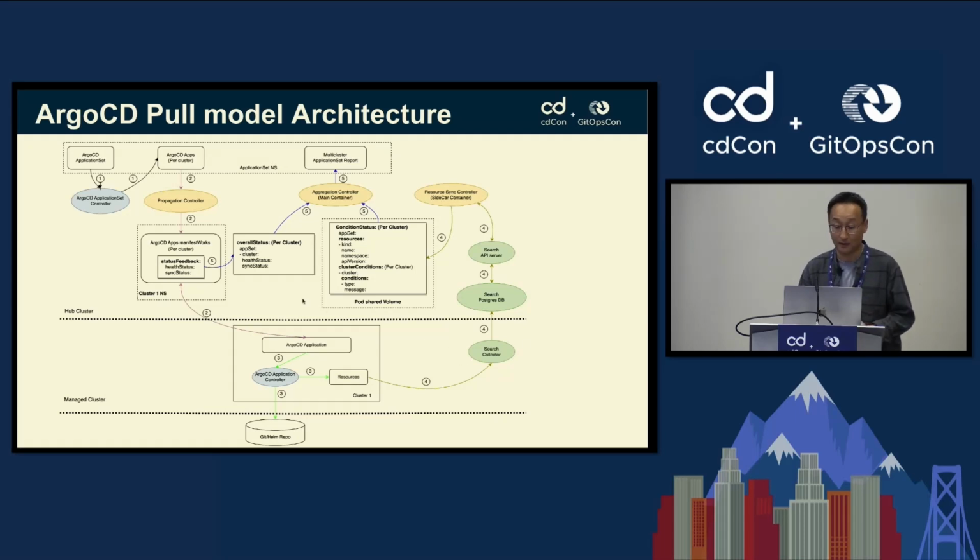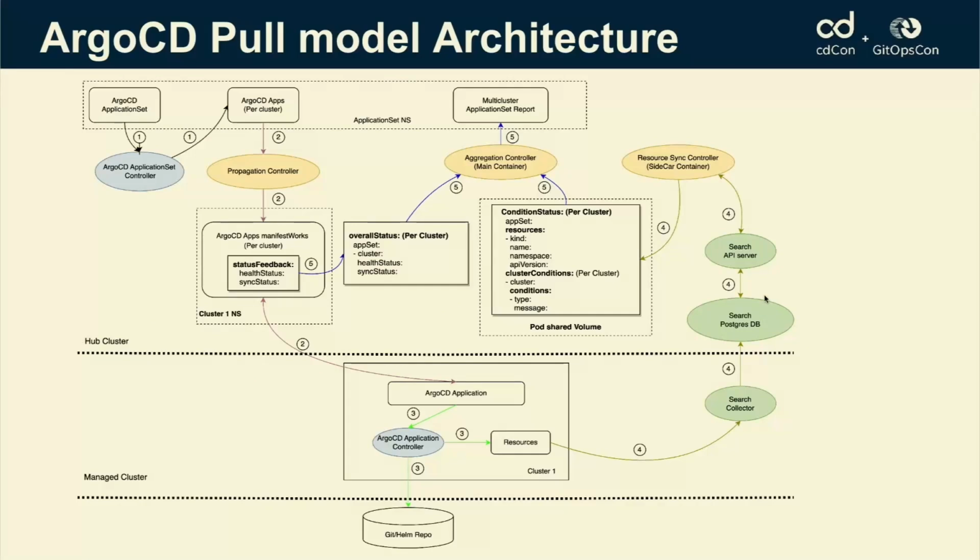And see here, the last major component that's shown here. All of these components are just for one goal. After we deploy all the Argo CD applications to all managed clusters, we need to find a way to fetch the Argo CD application status from all the managed clusters.